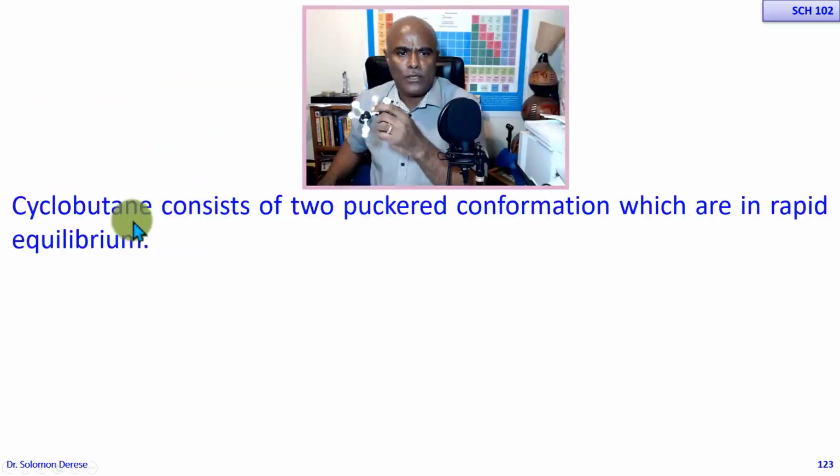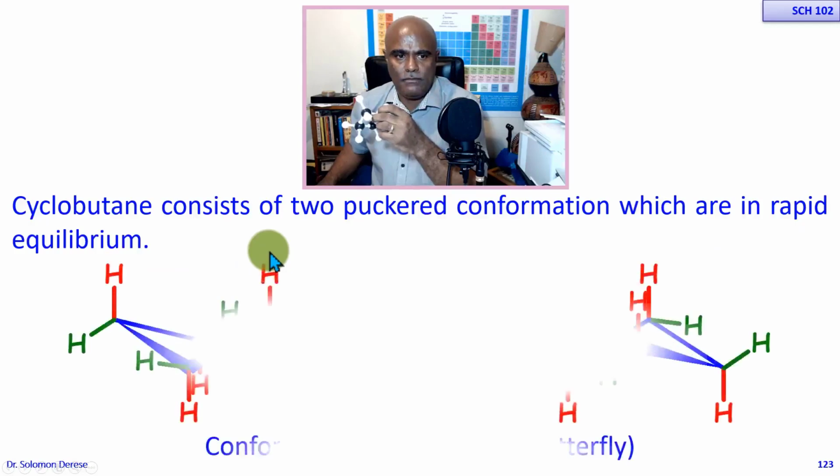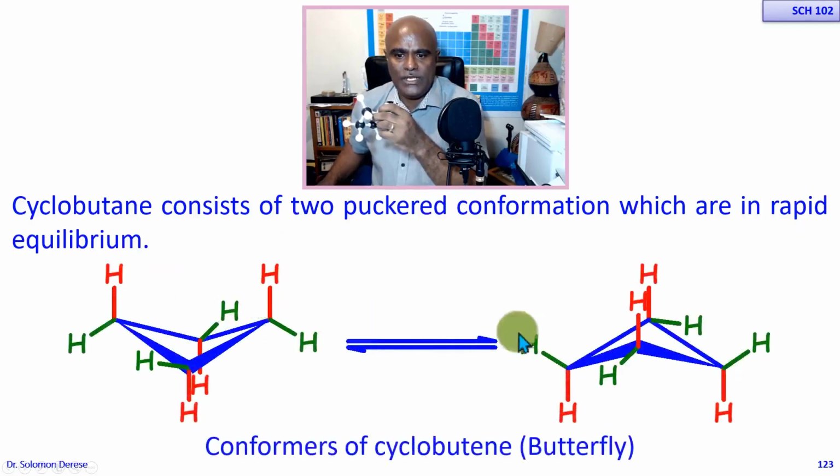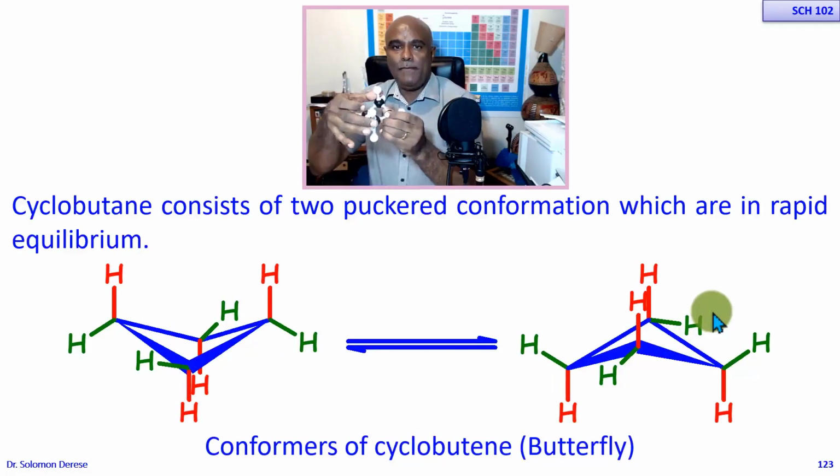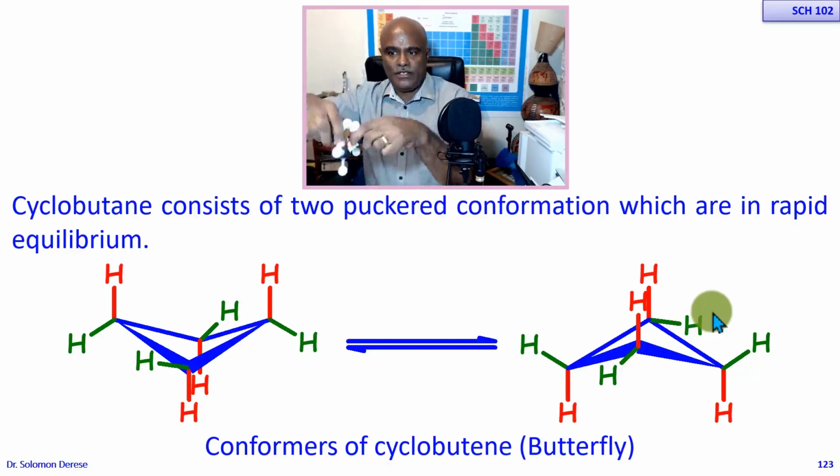So cyclobutane consists of two puckered conformations which are in rapid equilibrium. This conformation, where these ones are up, and this other conformation, where the same are down. Like this, like that. These conformations are in equilibrium with each other.